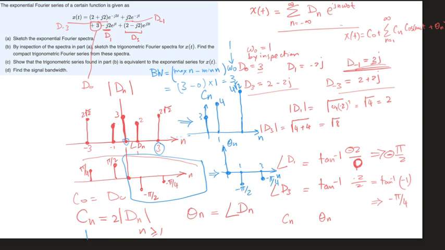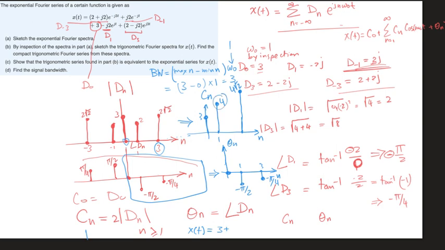If you want to write the full Fourier series expansion, you would write it this way. Let me answer that question and then I'll come to you. If you want to write x of t using the compact complex series expansion, it is going to be equal to C0, which is 3, plus C1. What's C1?